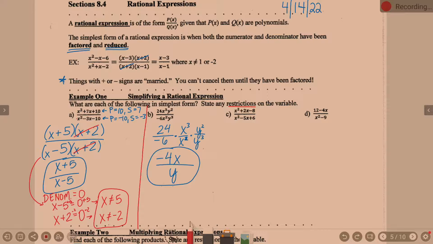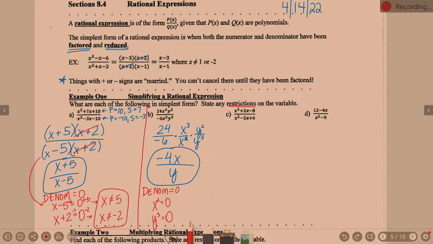We had an x squared in the denominator, and we had a y to the third in the denominator. So when I talk about saying the denominator equal to 0 here, I'm not leaving myself quite enough room. On this one, I would talk about setting x squared equal to 0 and y cubed equal to 0.